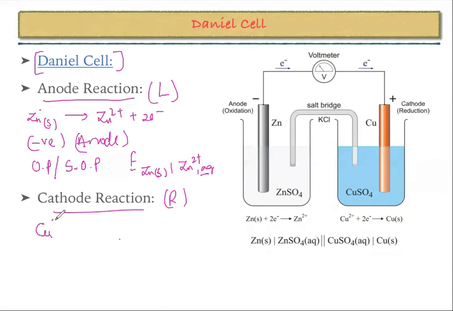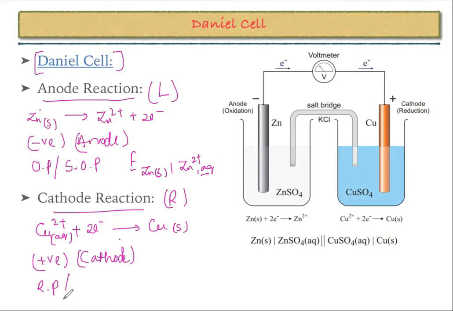Now talking about the cathode, it is present on the right hand side. The reaction that is going to take place is Cu2+ aqueous plus 2 electrons giving Cu solid. And it is positive charge, considered as the cathode, and we'll call it a reduction potential, the standard reduction potential.